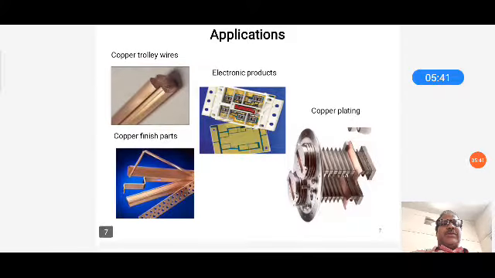Copper is used in different applications, such as copper trolley wires, electronic products, copper plating, copper finished parts, copper coins, and copper wires used in electrical sockets. It is most used in the electronics industry because it shows high electrical and thermal conductivity.